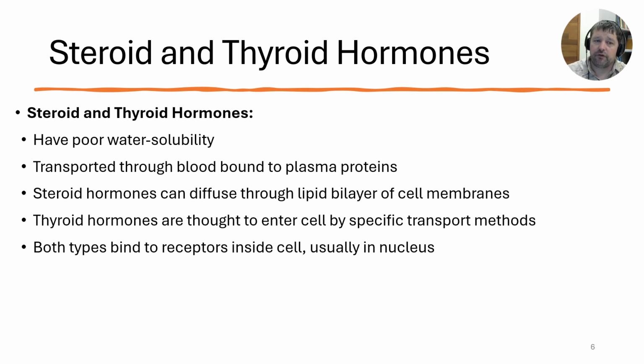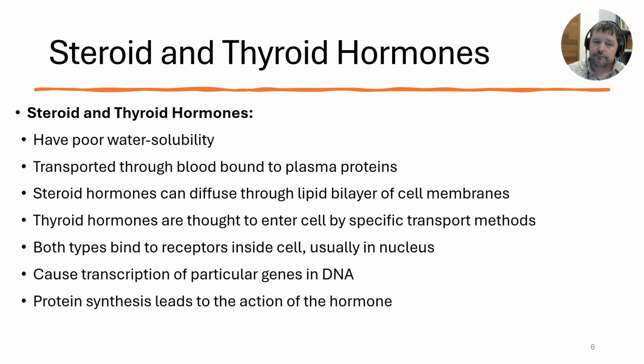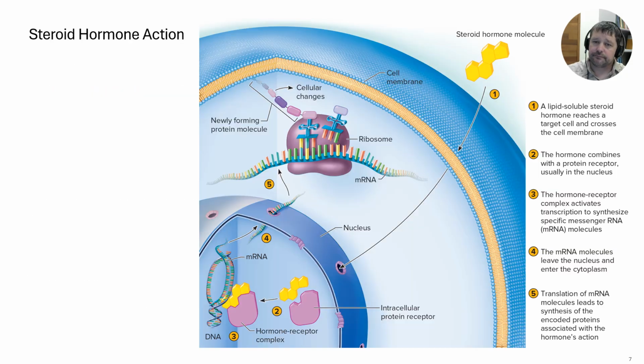That's normally what these are enticing, and we'll look at some specific examples of this. They cause transcription of a particular gene in the DNA, and then that transcribed piece, which is called messenger RNA, will be synthesized into a protein. That's really the action of the hormone itself. The hormone is enticing a certain type of protein to be made.